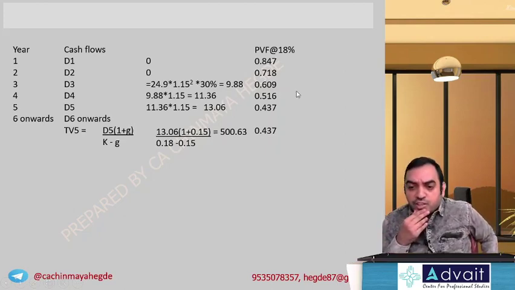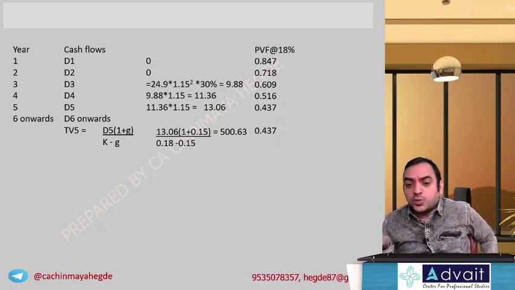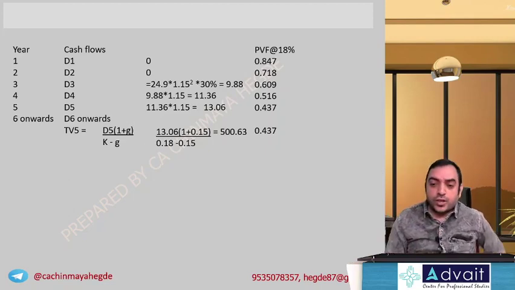Why no payout ratio in year 4? You can do it, but the same thing will apply. Dividend will also grow, earnings will also grow. So you can compute the EPS, then on that you can do 30%, which will be the same as 9.88 into 1 plus R. Because from that year onwards, dividend will grow and earnings will grow, you don't have to worry about it.